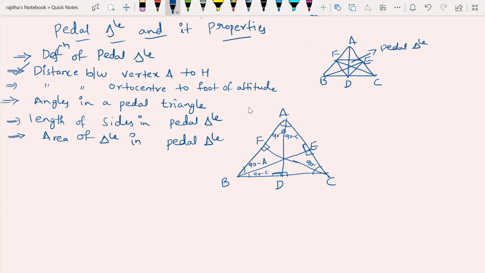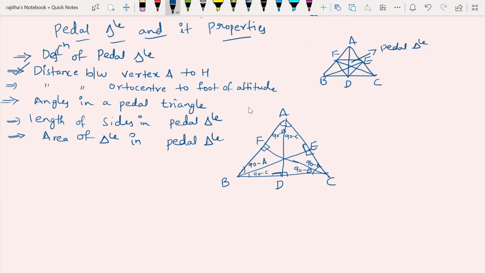This is 90 minus A. This angle is C, 90 degrees. Here is 90 minus B. Okay. In this, I'm discussing first the distance between vertex A to H.